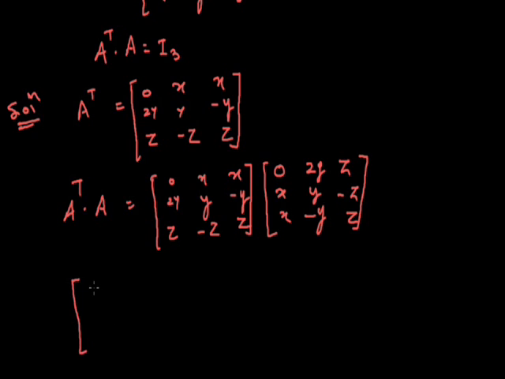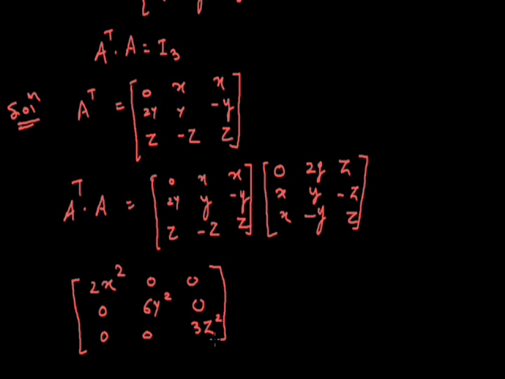If we multiply A transpose with A, we get 2x square, 0, 0; 0, 6y square, 0; 0, 0, 3z square.